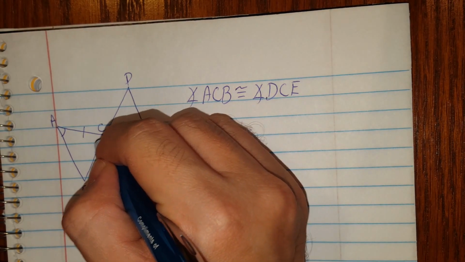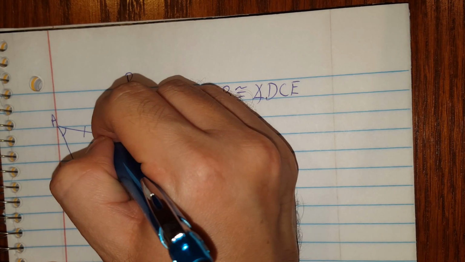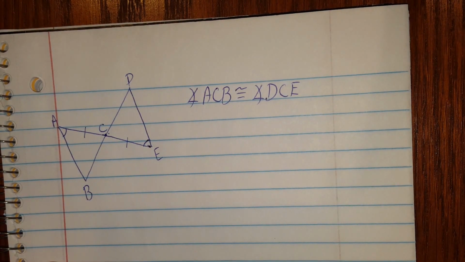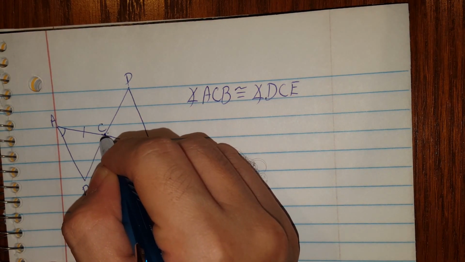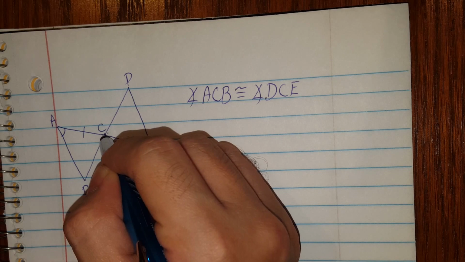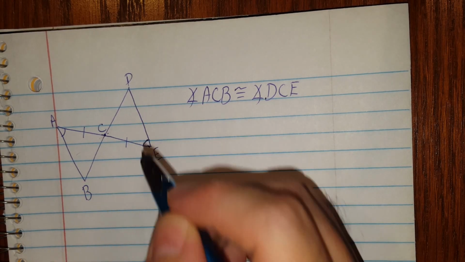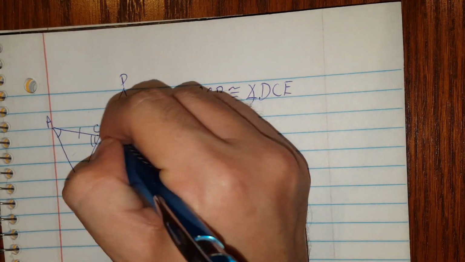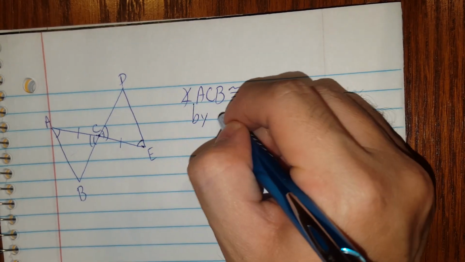And I see that this angle right here and this angle right here, they look like they're opposites and they're sharing this point. So I covered that as well in another video, that if you have an angle like this and it's sharing a point with another triangle and those angles are opposite of each other, then I know that these angles are congruent. I'll go ahead and mark it. These angles are congruent by vertical angles.